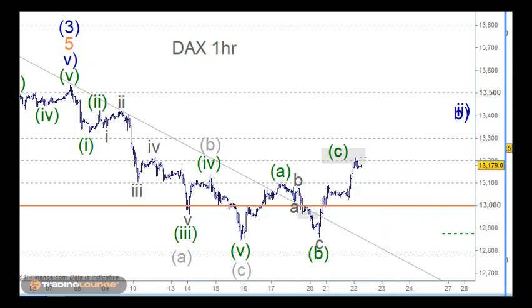In terms of counting this to the upside, we can look at this as wave 1 here, wave 2 in here, and then wave 3. I don't think wave 3 is finished just yet, so we'll put that a little bit higher, then wave 4, and then wave 5 to finish this.